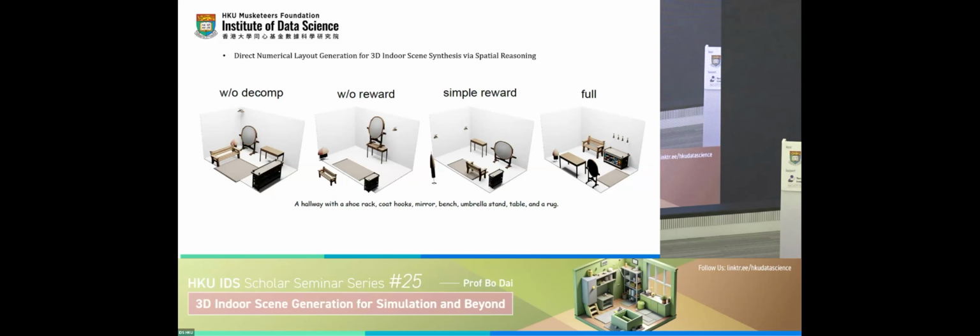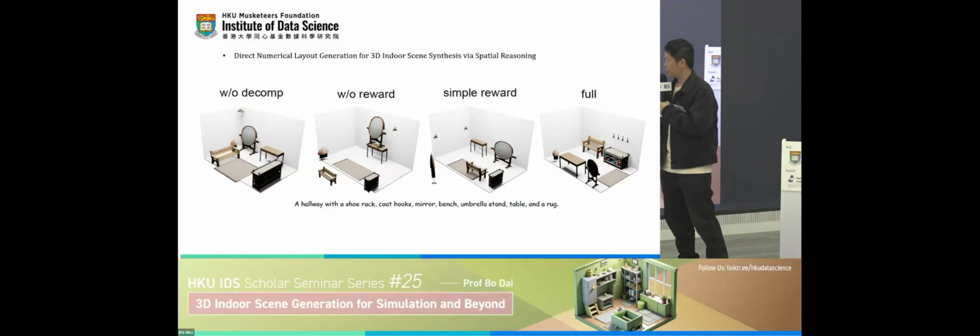So the full version makes the best results. And I should emphasize that at the beginning we said we want the scene to be interactable. So in the generated scene, each asset is an isolated one, so you can move it freely.